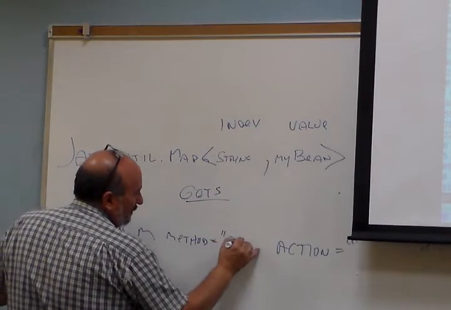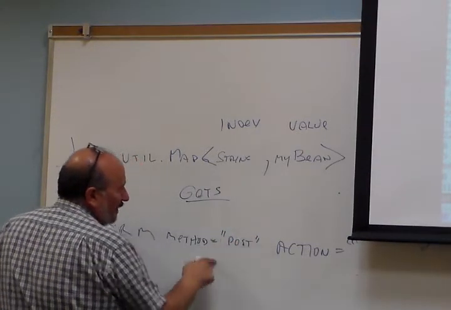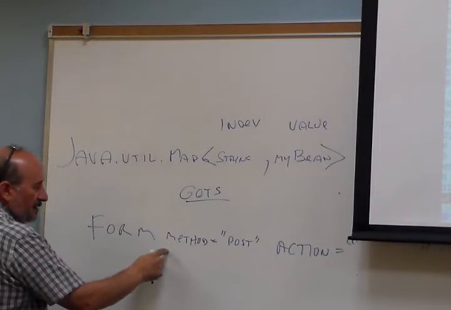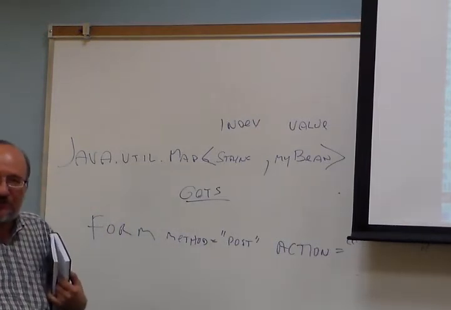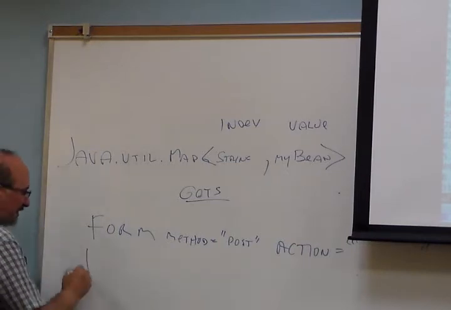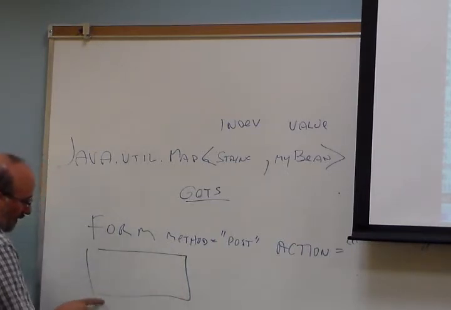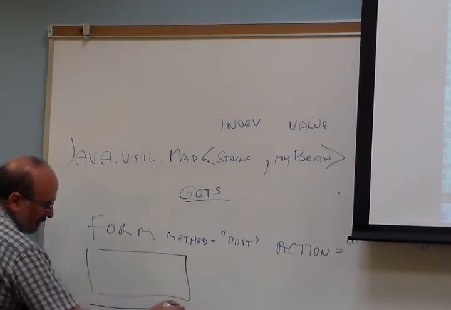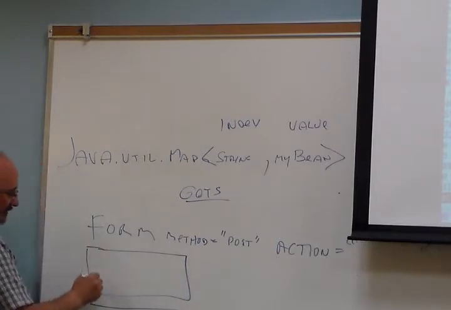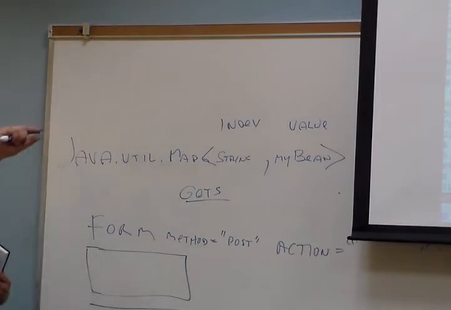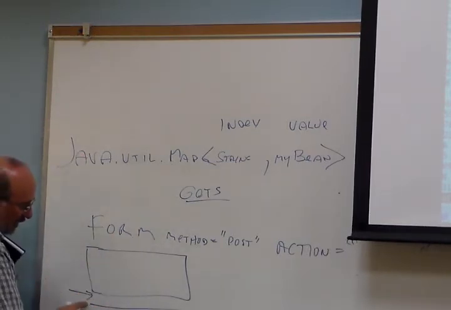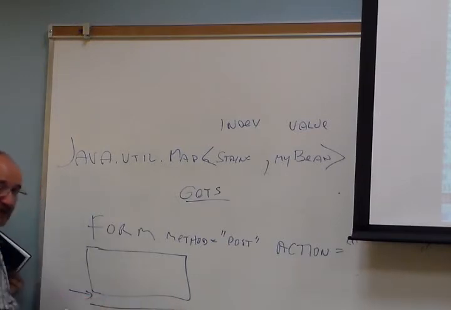Method equals post. The difference between GET and POST is that POST will take all of the data that the customer is putting in and send it on a separate line after the rest of the information you see on the address line. By virtue of this, anything that goes out after this line is not visible to the user.